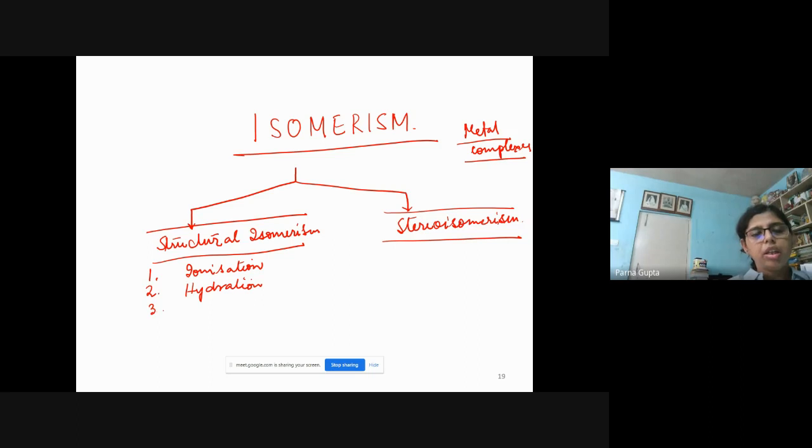Then number three is ligand isomerism. Number four is coordination. Number five is polymerization.